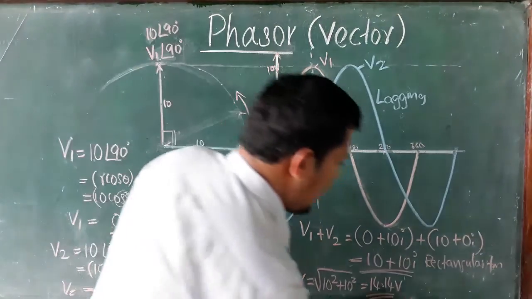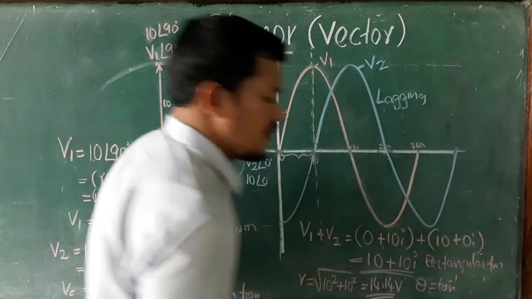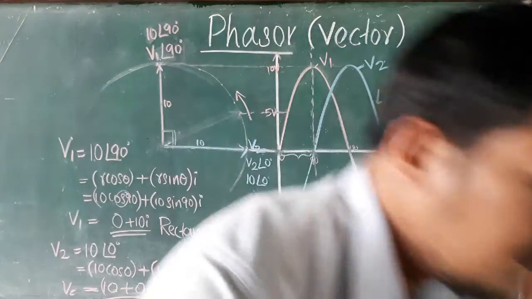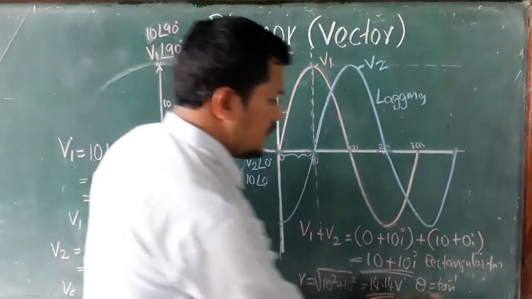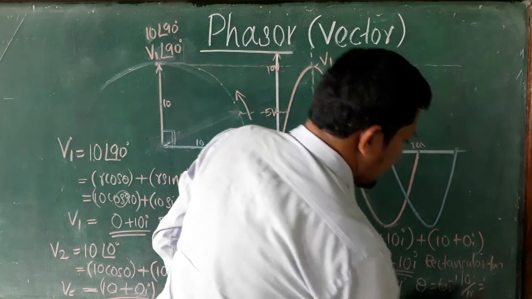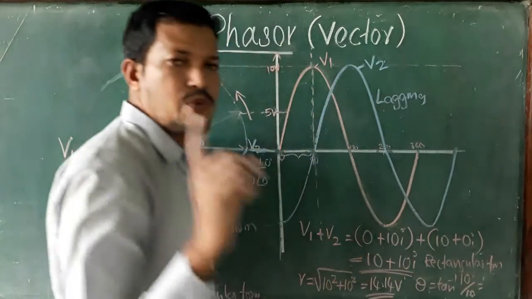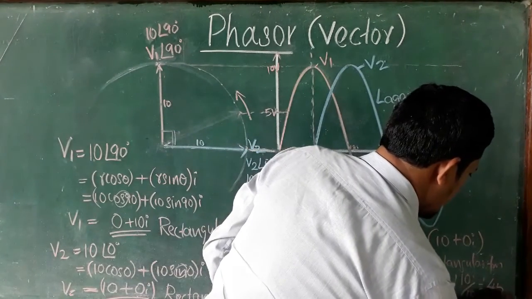Now what is the angle? Theta equals tan inverse of imaginary part 10 by real part 10. So tan inverse of 1 means 45 degrees.